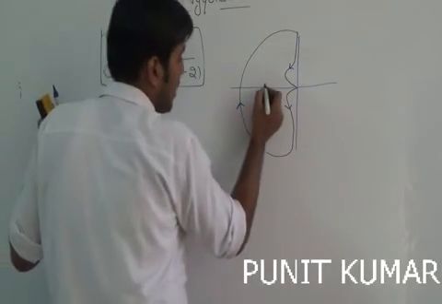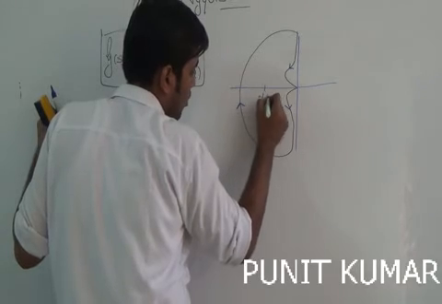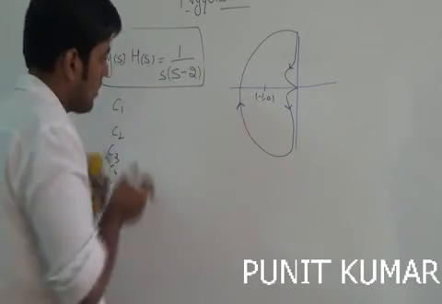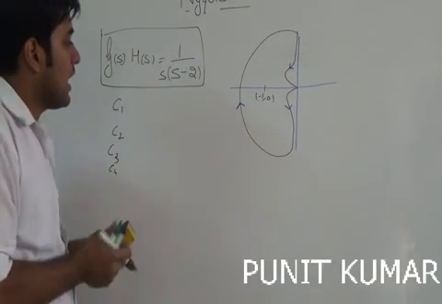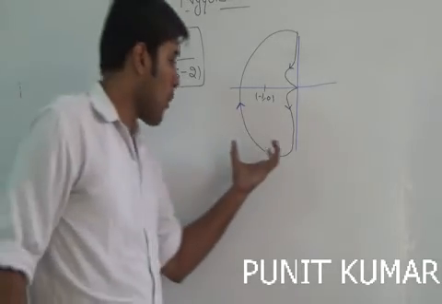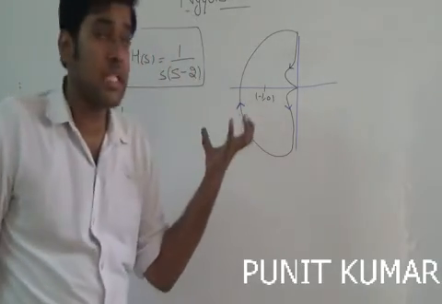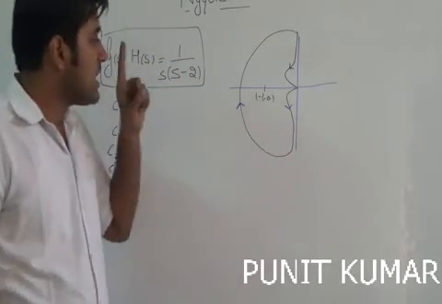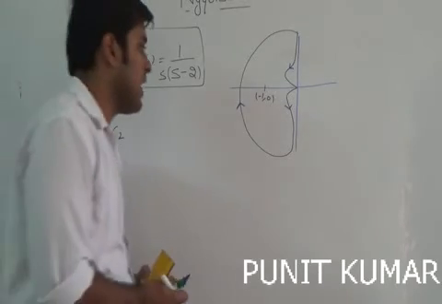This point comes out to be -1, 0. Here -1, 0 is encircled once. Which direction?